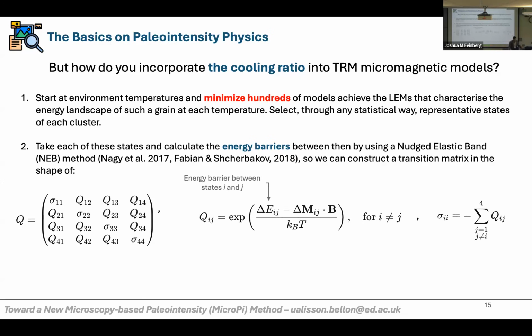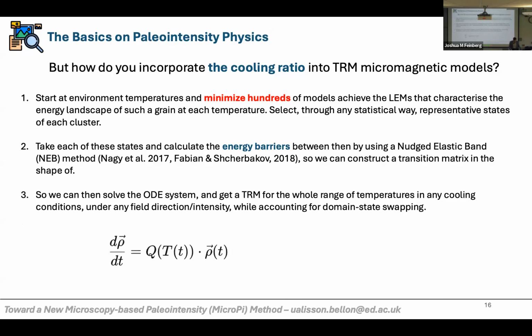What that means is that we can basically simulate and construct any TRMs of any kind, as long as we have enough patience to run models forever. And in that condition, we can basically try to understand how vortex state particles behave. What would we expect from an assemblage of vortex state particles cooling under a given field intensity and direction and at a given cooling rate?